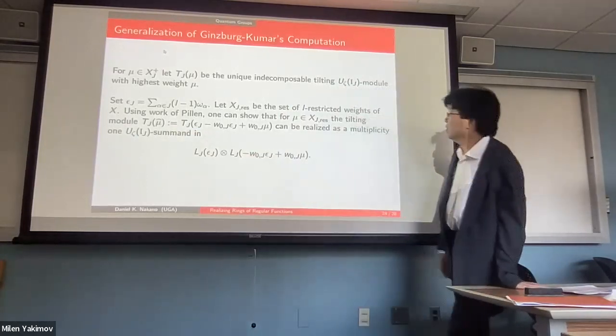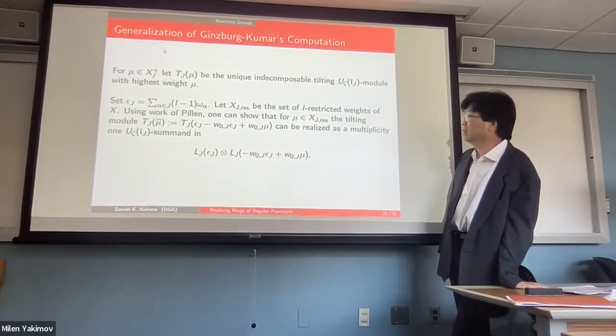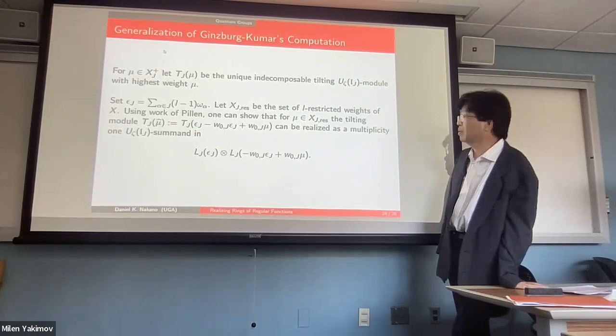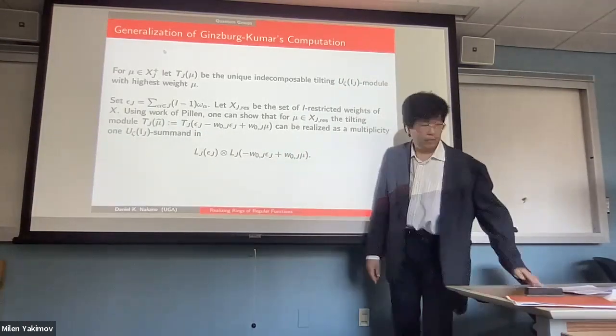This goes back to work of Cornelius Pillen in terms of realizing certain tilting modules for projective indecomposable modules for the first Frobenius kernel inside a tensor product like this.